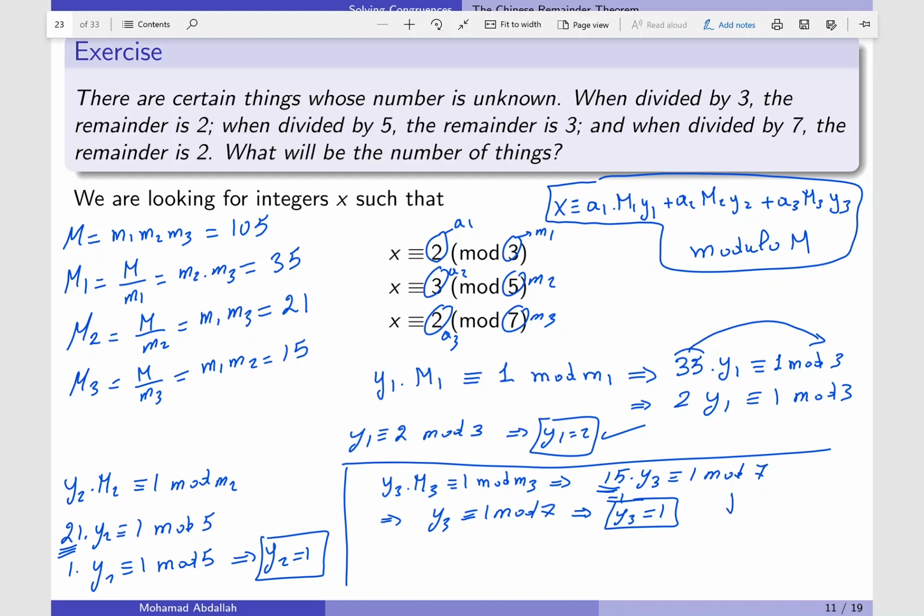So then, as a result, the solution is this. X is congruent to A1, which is 2, times capital M1, which is 35, times y1, which is 2, plus A2 times big M2 times y2: A2 is 3, big M2 is 21, y2 is 1.